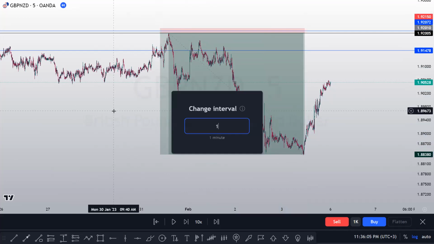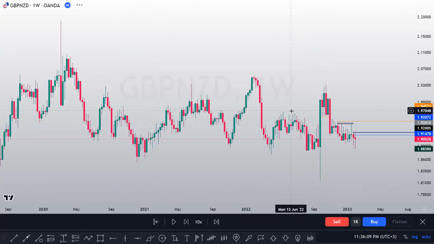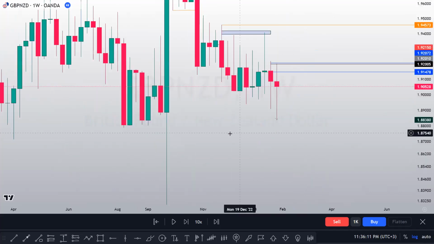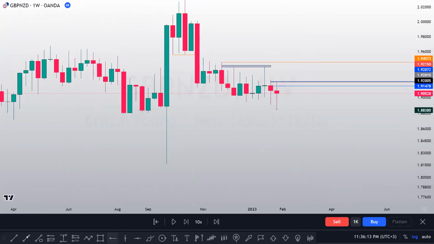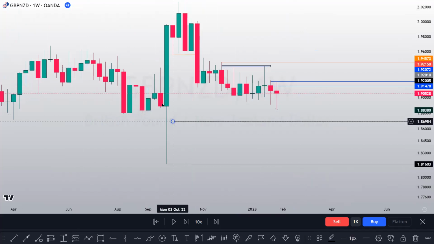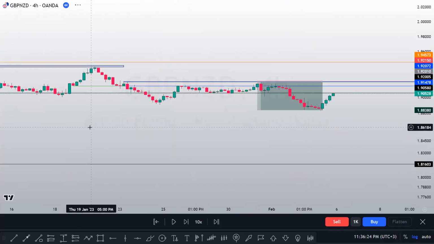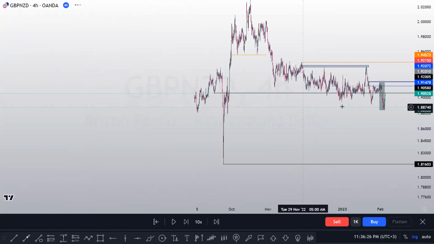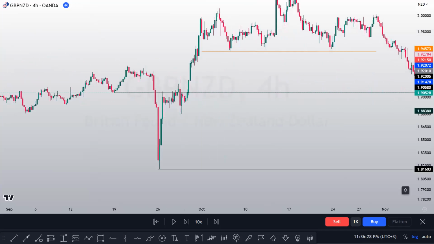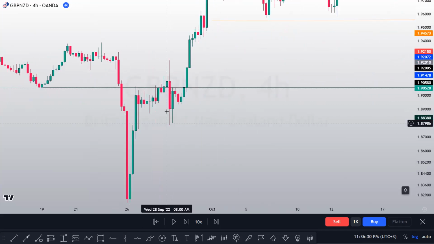I bought this pair because if you observe clearly on this constant time frame, you can see we have this type 1. You see this biggest type 1 that formed here. This was my type 1. But when I go deeper on the 4 hours time frame, I had what we call the sub areas of liquidity.